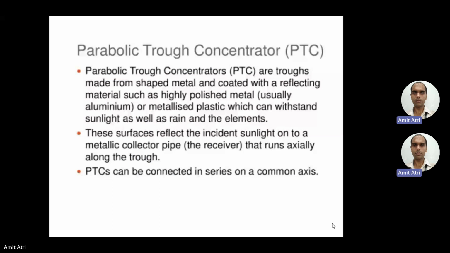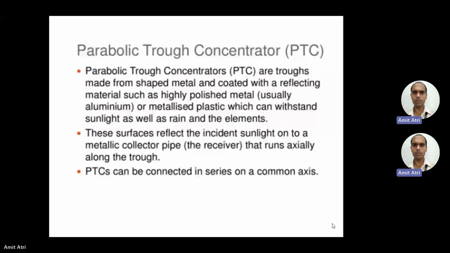Now the next one, linear Fresnel reflecting concentrator. So what is the difference here from the linear Fresnel reflecting concentrator and the previous one we just saw? Here in the diagram we can see there are many strips of reflector. Okay, so linear Fresnel reflecting concentrator is made up from multiple strips of straight reflecting material which are mounted on specially designed frames.